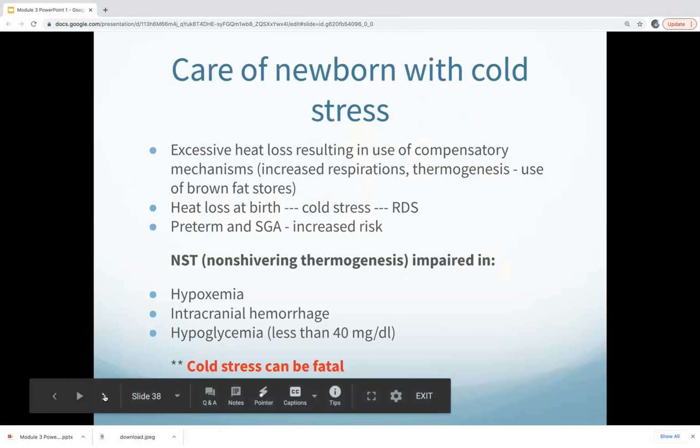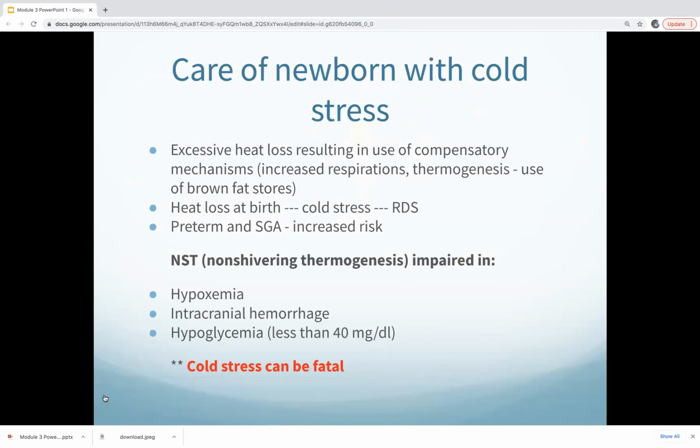Care of the newborn with cold stress. So we need to keep the baby warm. We need to keep the baby warm, right? And this is what I talked about. Excessive loss is going to result in compensatory mechanisms. The body's going to compensate for that. How?